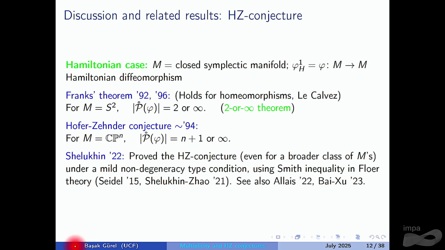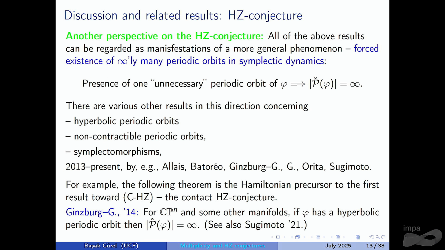We also have this conjecture now for other manifolds, like compact toric manifolds, work of Bai and Xu, and a different proof by Simon Allais. So we know a lot more in the Hamiltonian case nowadays. But there was essentially nothing in the Reeb case, if you wish, till recently.